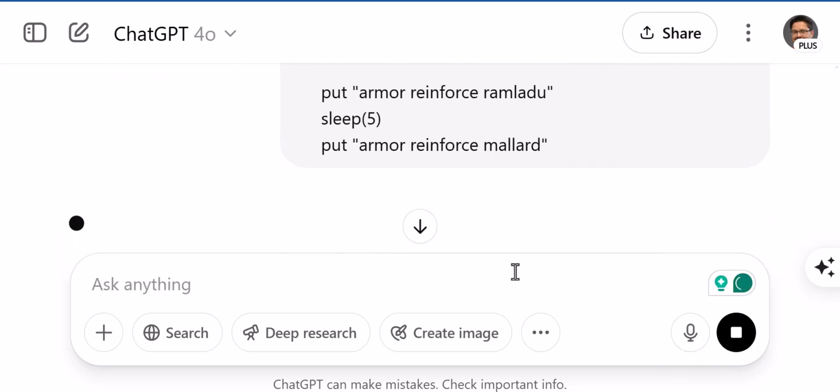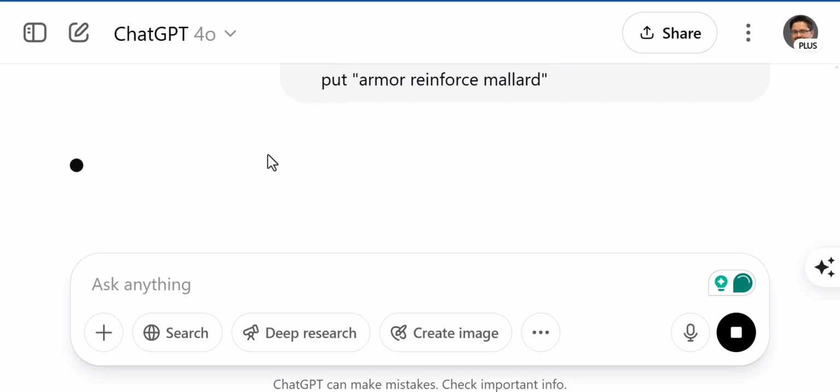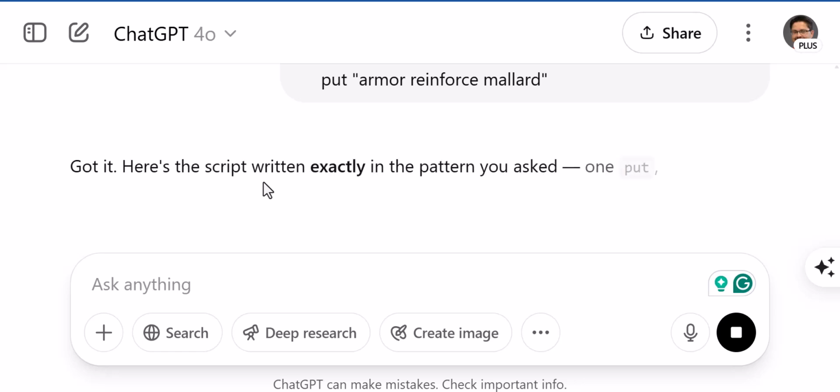Okay. Now it's going to apologize or say thank you for the clear instructions, blah, blah, blah. Yeah, something like that. Exactly in a pattern name, 1.